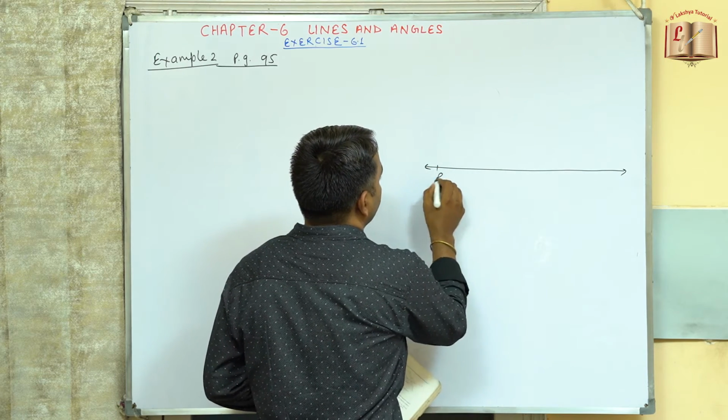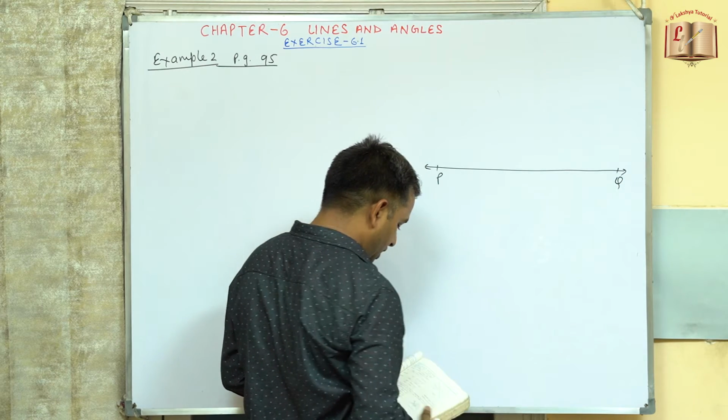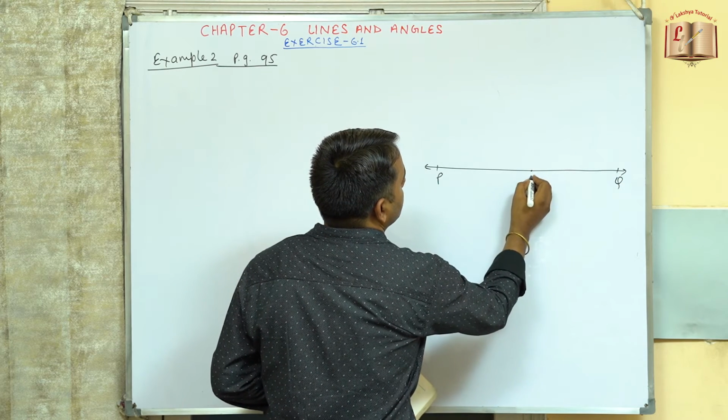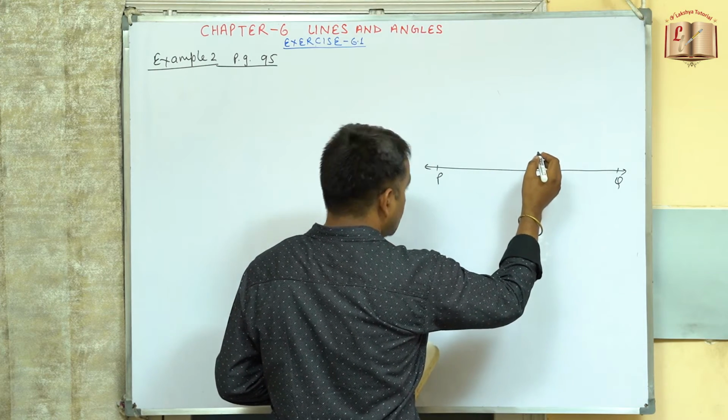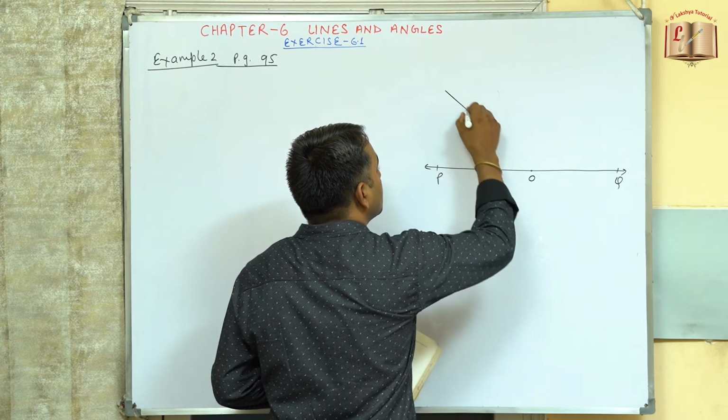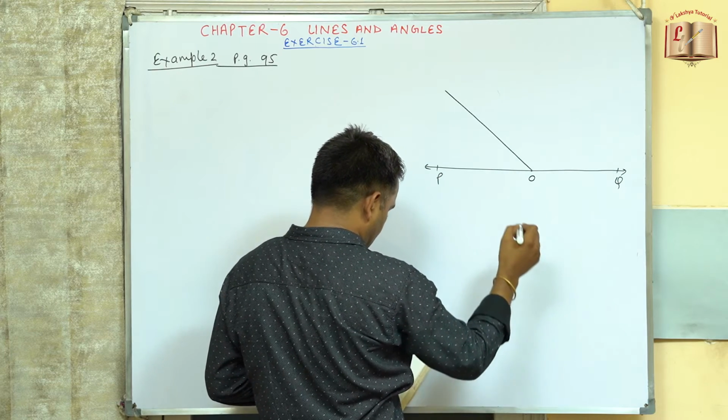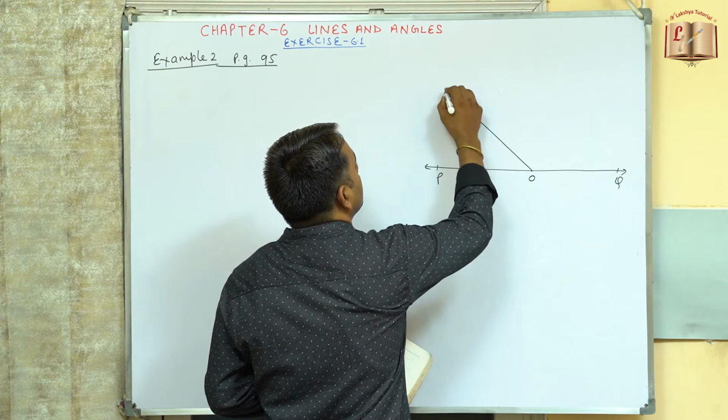This line is given, P, and this is point Q, and O is somewhere here. This is the line that is RO.